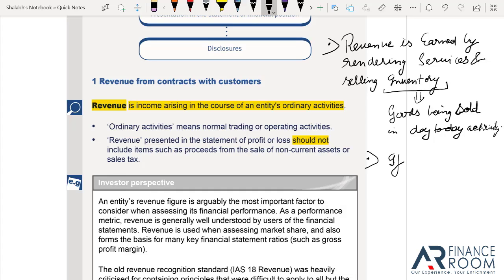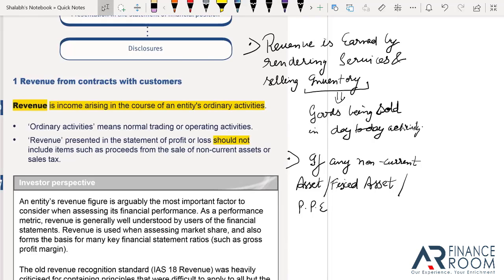If any non-current asset or fixed asset or property, plant and equipment, these are different names, if any non-current asset, fixed asset or property, plant and equipment is sold, that is not revenue.